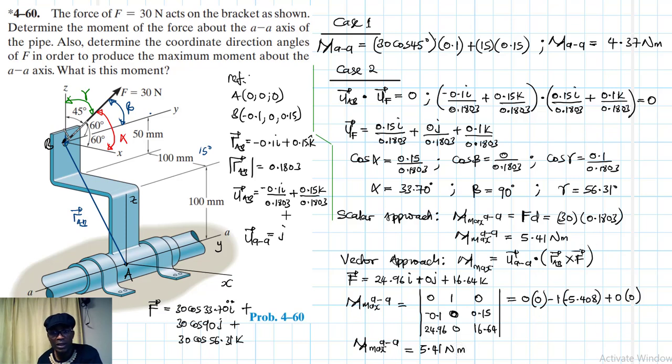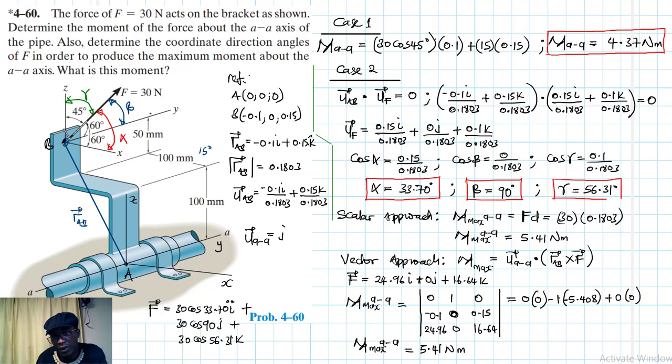All right, I think this is about it. I hope the video was helpful. Let me just outline the solutions. We have the maximum moment. First case: the moment about the AA axis given the angles that were given initially, 60 degrees in the X and Y and 45 with respect to the Z. Then we have the directional angles that we just calculated, which give us the maximum moment about the axis.